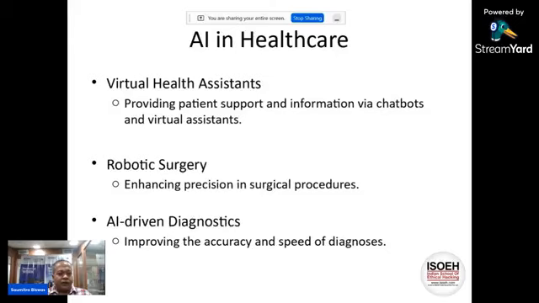Next one is AI-driven diagnostics. I was talking about, say, CT scans and MRIs and interpreting those things. But what about blood tests? If we can perform a blood test within seconds without the intervention of any humans, those who have patients at their home will know how fast we can treat a patient.